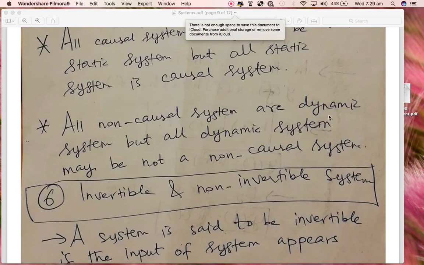The output of the dynamic system can be calculated based on the present and past inputs or the present and future inputs. So a dynamic system which has present and past inputs is not a non-causal system, but it is a dynamic system. So that argument was valid for that condition.